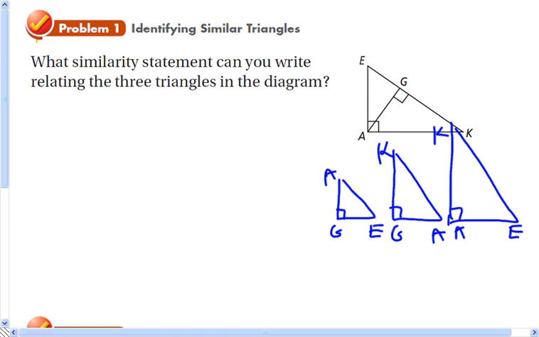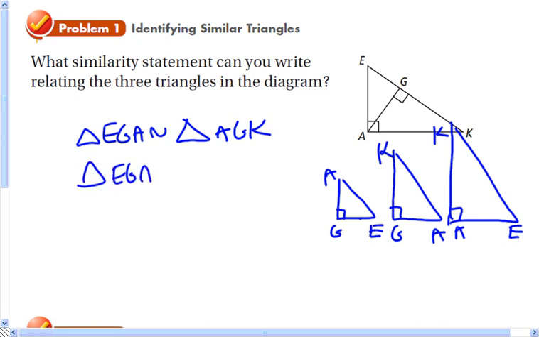And then you can choose a consistent way to show each of those, but I would say something like, I'm just going to name the angles in order. So we can say triangle EGA is similar to triangle, going from the smallest one to the medium-sized one, AGK. Now I'll go from the small one to the largest one, EAK.